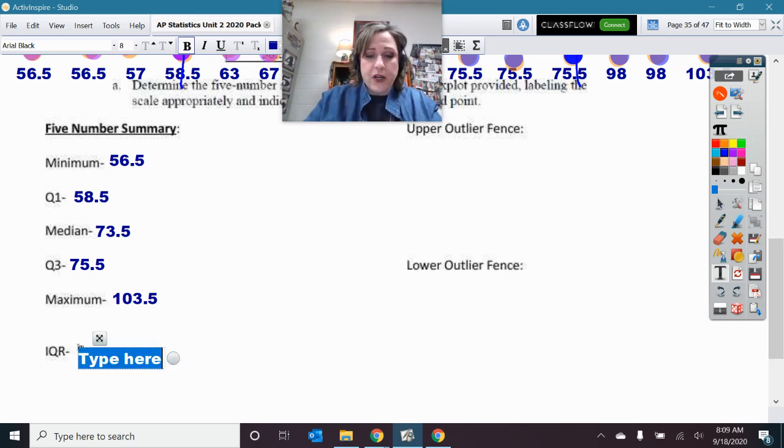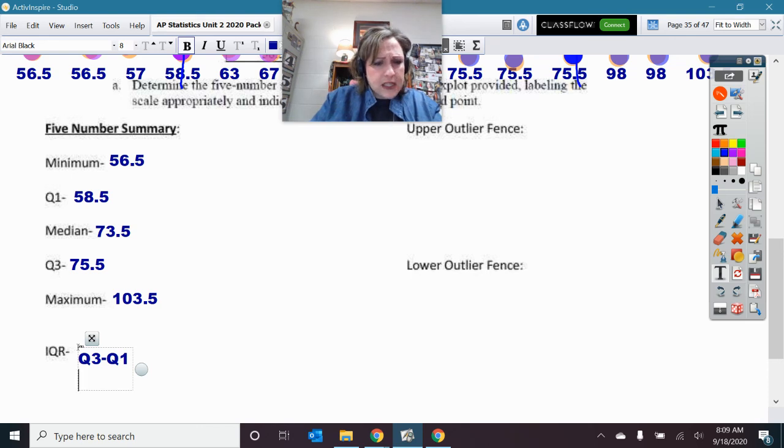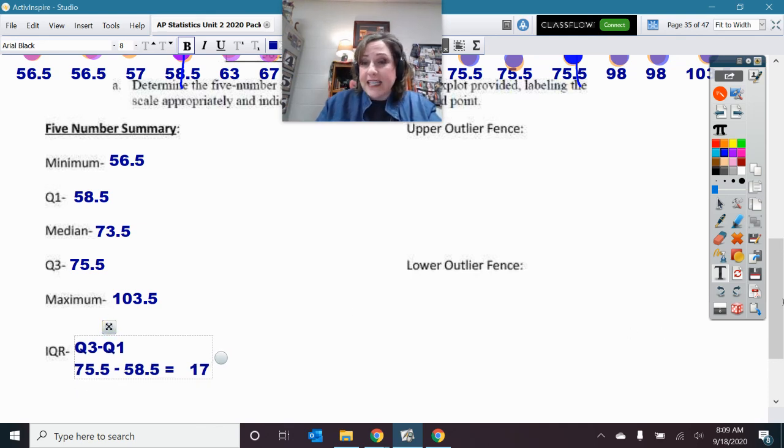We know that IQR is Q3 minus Q1. So that, of course, is going to be our 75.5 minus 58.5, and I think that equals 17. So there is our middle 50% is spread out 17 cubic feet, I think is what this was measuring.